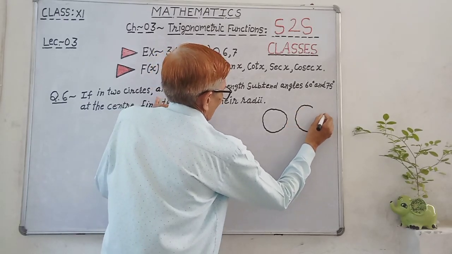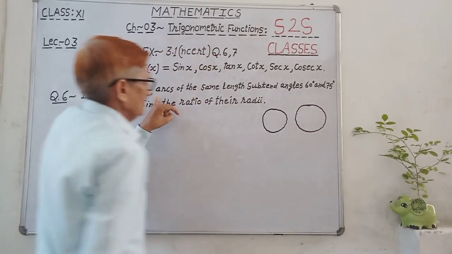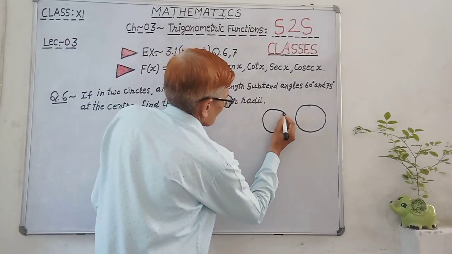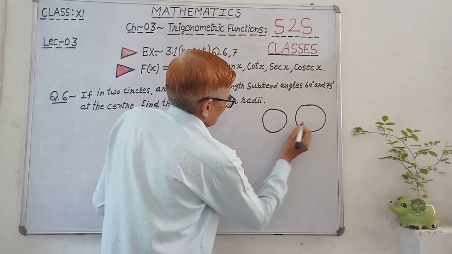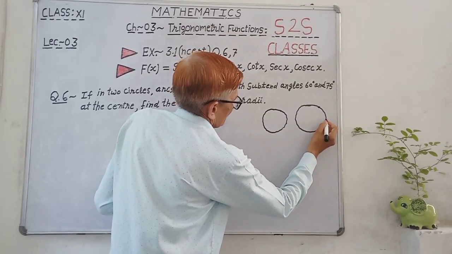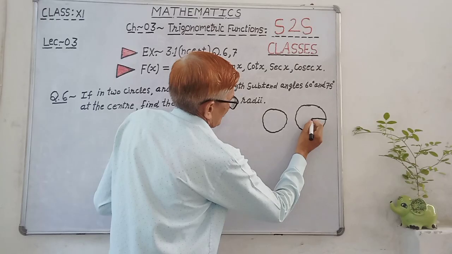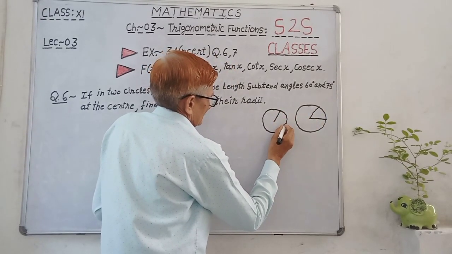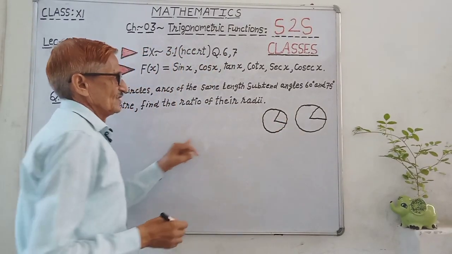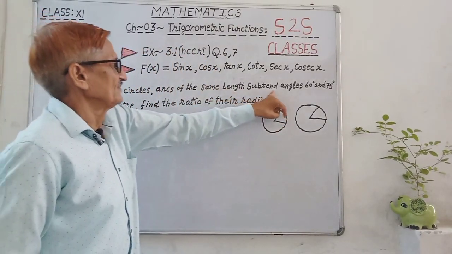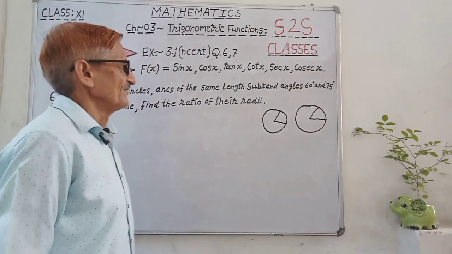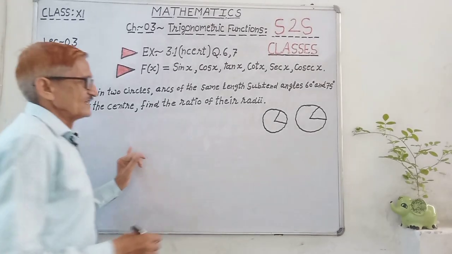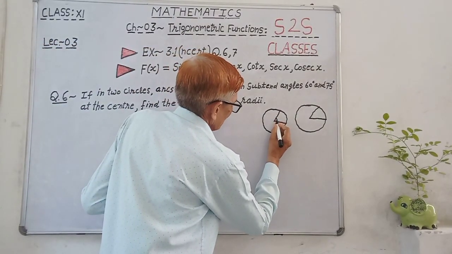Two different circles, okay, in two different circles, arcs of the same length subtend angles 60 degree and 75 degree, okay, one 60 degree, other 75 degree.